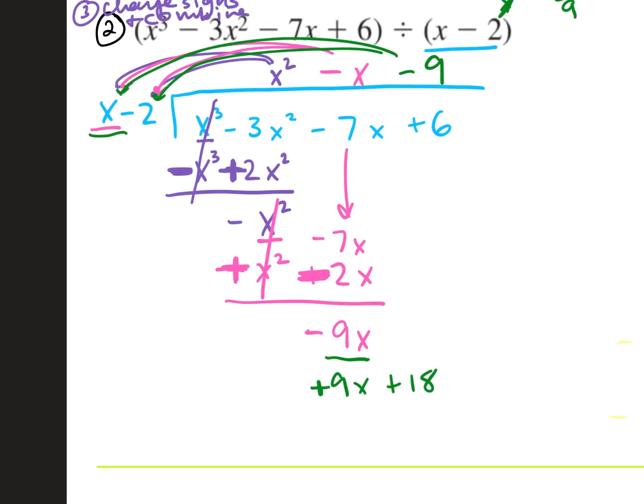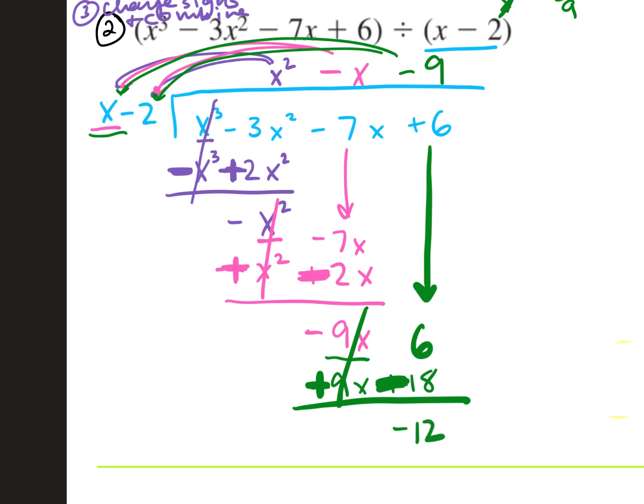Step 3, change the signs and combine. Change the sign, combine. Negative 9x plus 9x cancels. I'm going to drop down the next term to combine these together. 6 minus 18 would be negative 12.